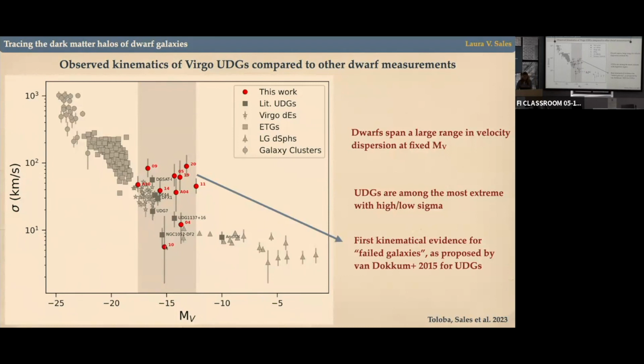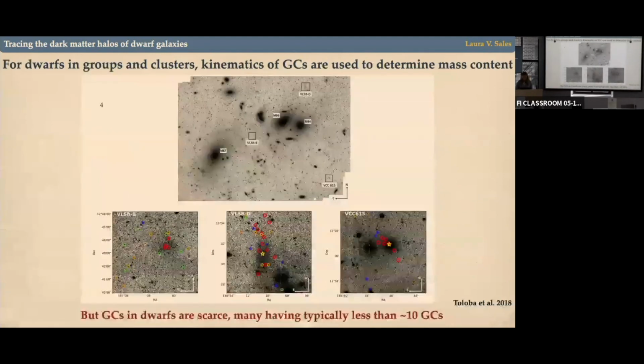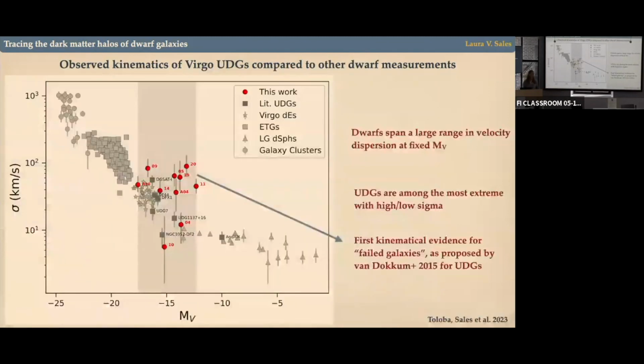And in our case, this UDG, labeled 10 here, is this guy, VLSB-D, that is very elongated. So in our case, this very low velocity dispersion corresponds to tidal stripping. So we could form things like this just by tidal stripping. It might not be the case for DF2, but things this low in mass, we're not too worried about them in the environment of Virgo, at least.